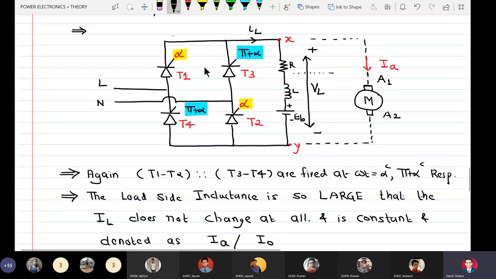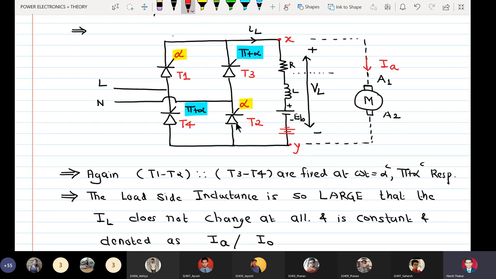Okay, so T1 and T2 start to conduct at omega t equal to alpha, and at omega t equal to pi, actually they should get commutated because the negative half cycle has started. So the source is actually reverse biasing T1 and T2, but here there is a polarity reversal from the load side, and T1 and T2 continue to remain forward biased.